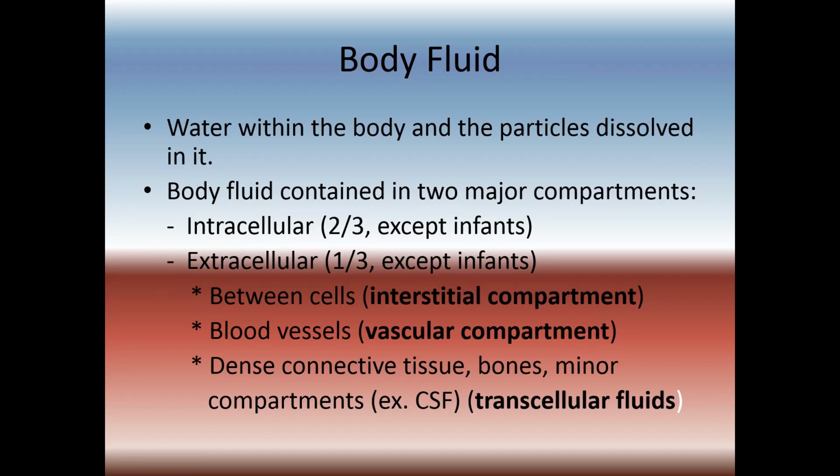Between the cells, we call that the interstitial compartment. Within our blood vessels, we call that the vascular compartment. And then the transcellular fluid compartment consists of the little bit of water that's within dense connective tissue, within our bones, and in minor compartments such as cerebral spinal fluid. So 2/3 of all of our body fluid is inside of our cells if you're an adult, and one third of our body fluid is outside the cell.